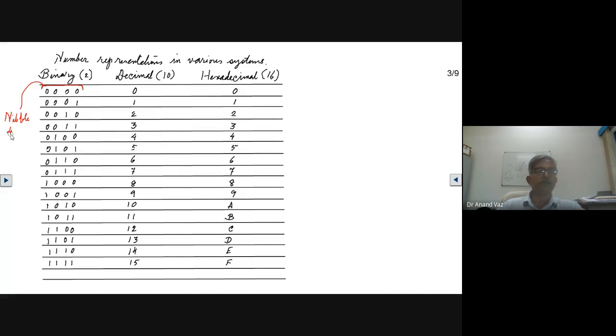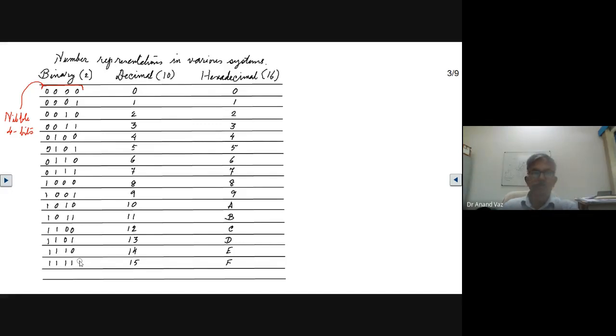So for a nibble, you have 4 bits. You started with all zeros, 0, 0, 0, 0, and you went on incrementing and came up to all ones, 1, 1, 1, 1. So the nibble of 4 bits is completely full now. If you want to add anything more, you need to add 1 more bit to the left.